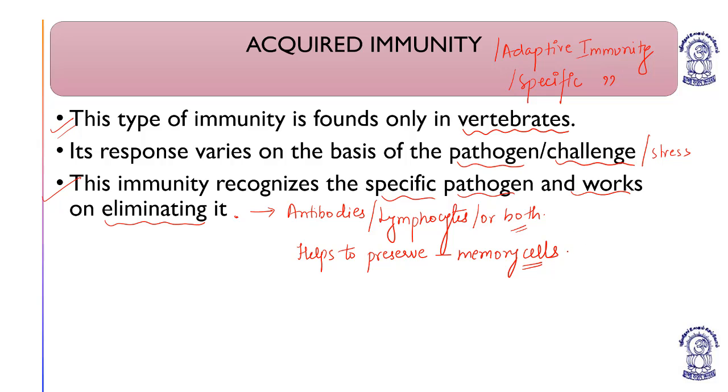These memory cells help to remember the encounter. Understood? The memory cells are formed by B cells and T cells, and they are the basis of acquired immunity.